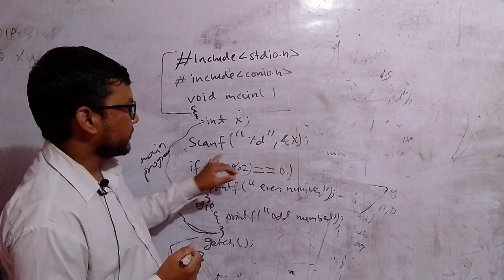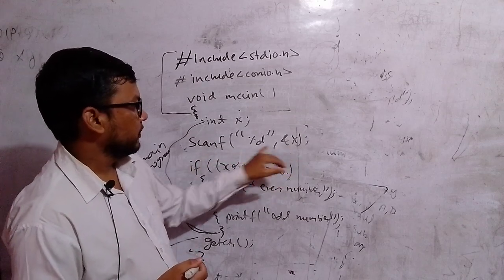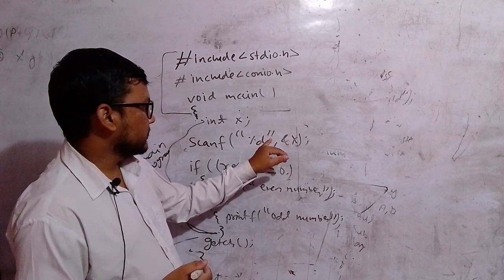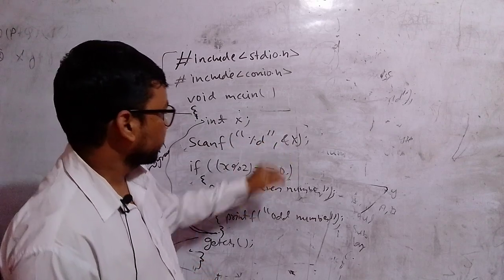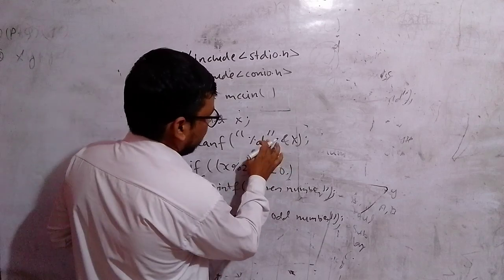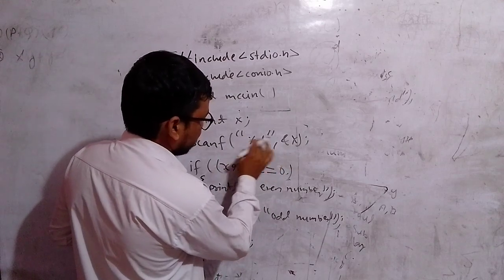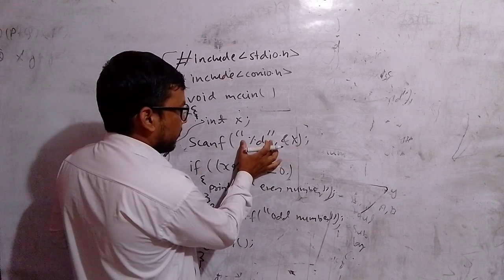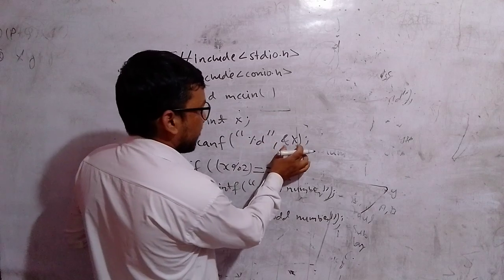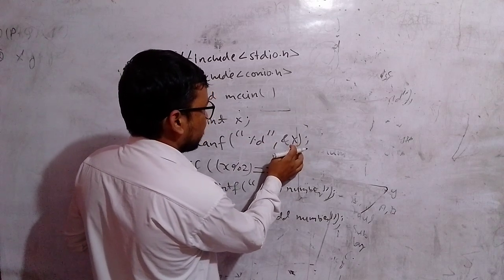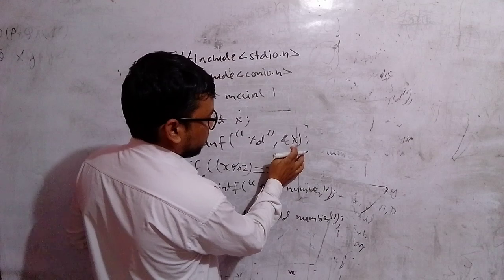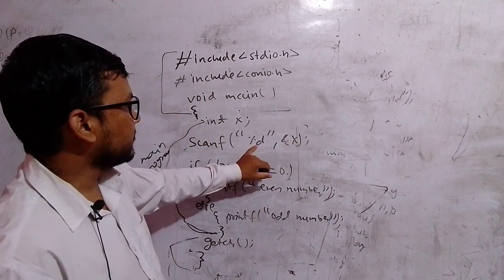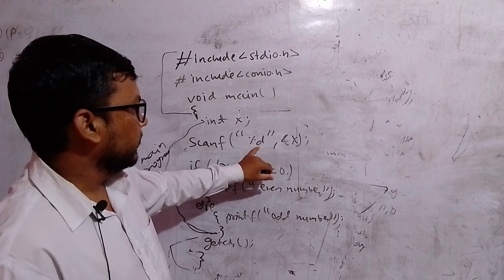That means scanf has two parameters: %d, which is inside double quotation marks, and another is a variable followed by an ampersand.